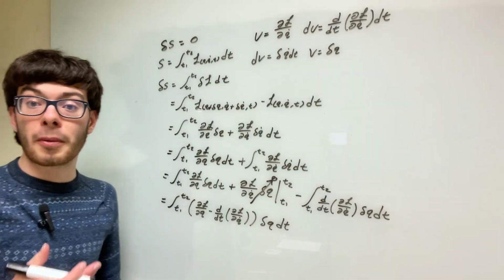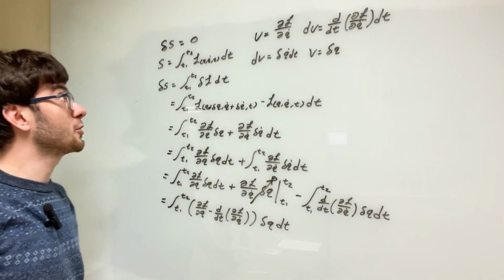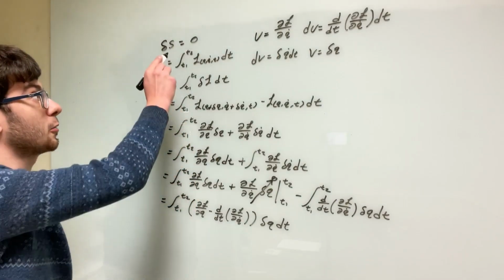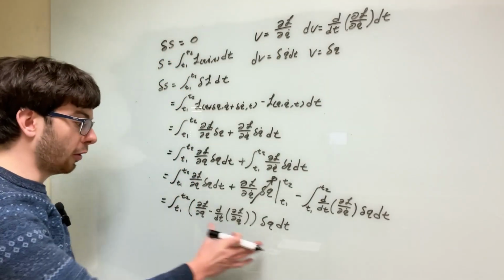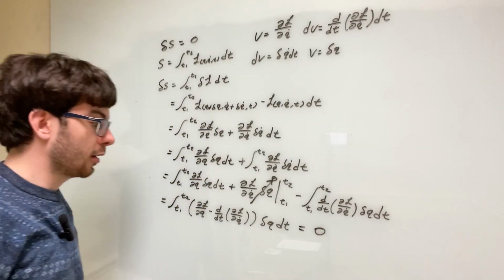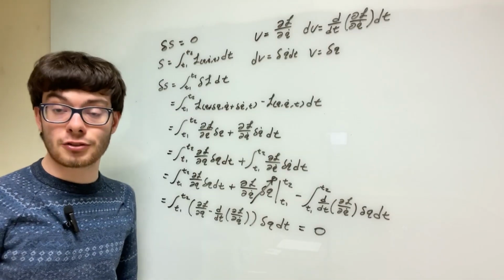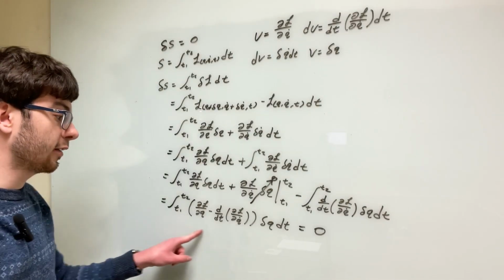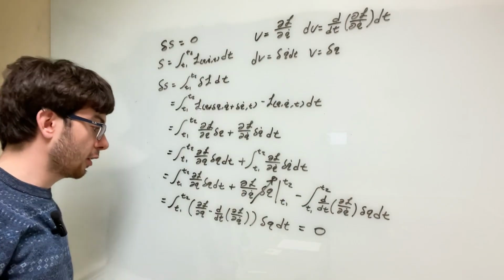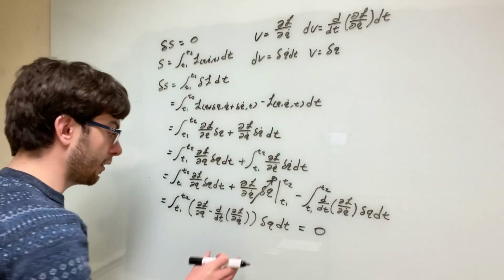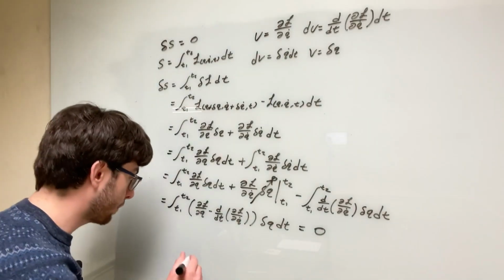And if you remember from Hamilton's principle, which says that for the true path, the variation in the action must equal 0, this whole integral should just be equal to 0. But the only way that is true is if this integrand is equal to 0. So in order for Hamilton's principle to be true, the integrand must also equal 0.